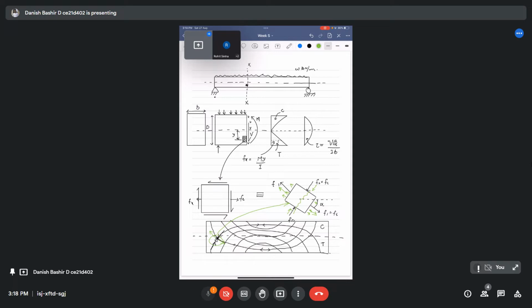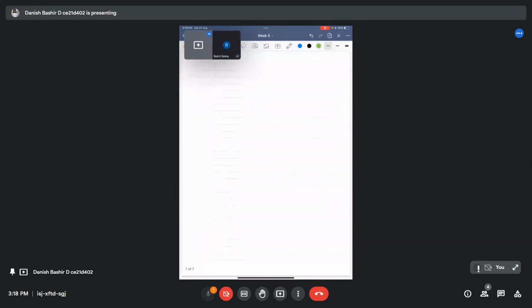So from these stress trajectories, if I want to draw the possible pattern of the cracks in my beam, it would look like this. The cracks would emerge like this.